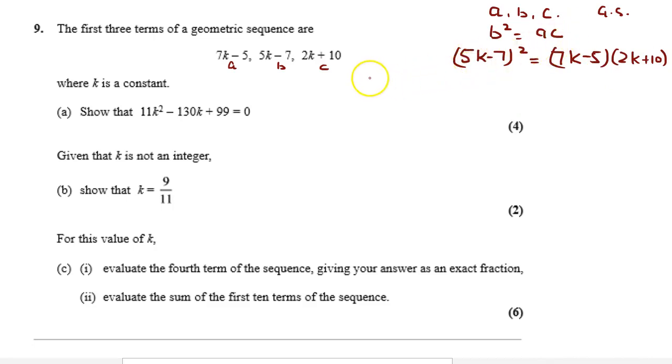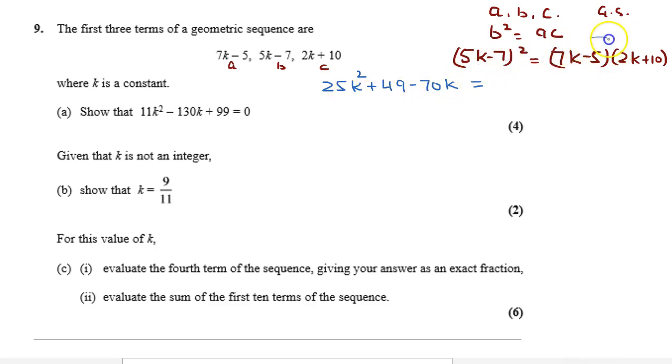So let's open this. So this will be 25k square plus 49 minus 5 times 7 is 35 times 2 is 70k. This is the square of 5k minus 7.